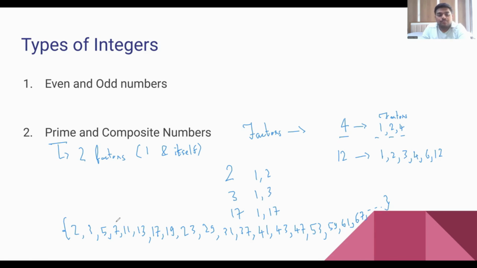So you can remember the prime numbers up to 50.